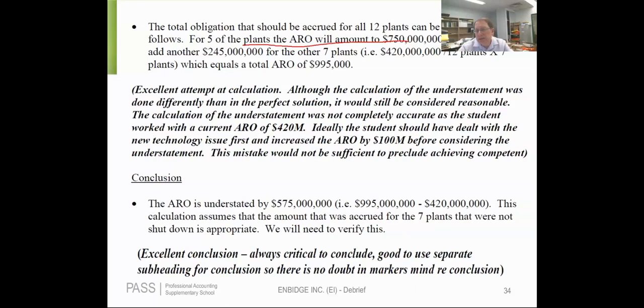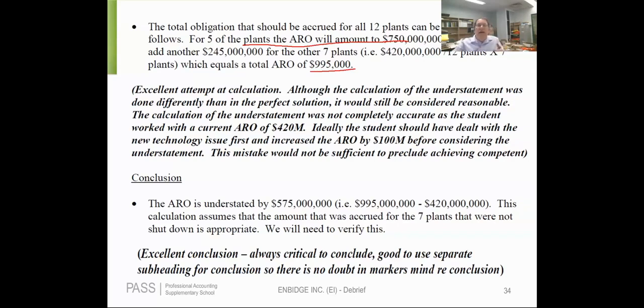What this person did, and again, there's more than one way, is they took 420, which is what we had on our books, and they said, okay, fine. If I got 420 and that relates to all 12 plants, I only have 5 left. So within that 420 divided by 12 times 7, I have to add that amount to the 750. So really it's 995. Really it's about another 245,000.